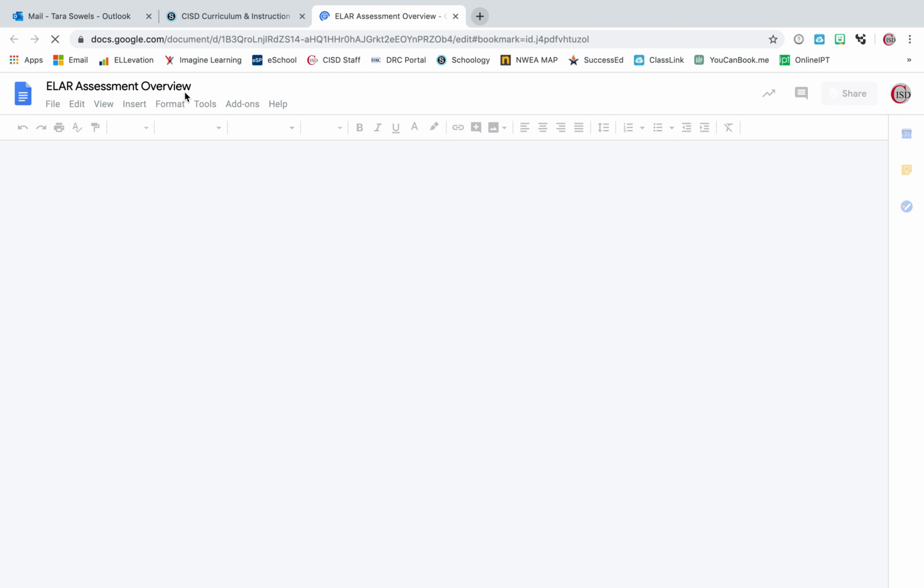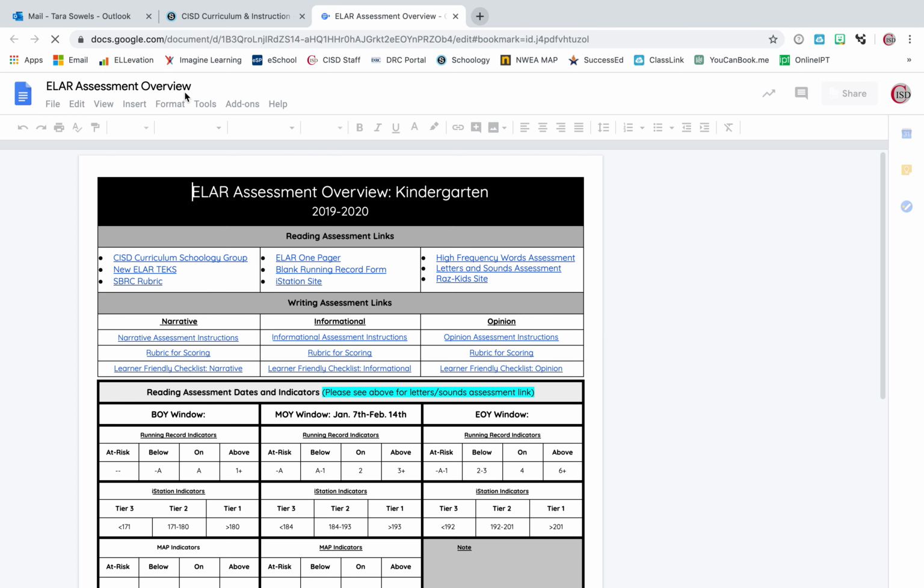One of my very next steps in my work with the curriculum is to create a Spanish language arts assessment overview page, a page that looks like this but has information that is just for Spanish language arts. One component of this page that is ready to go is the high frequency words assessment.